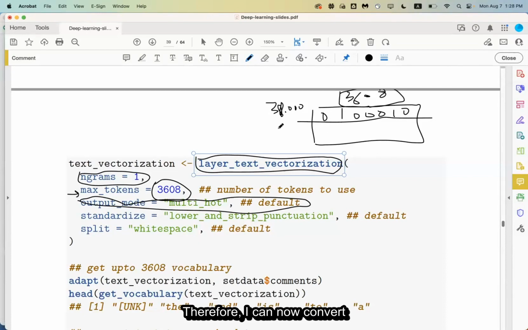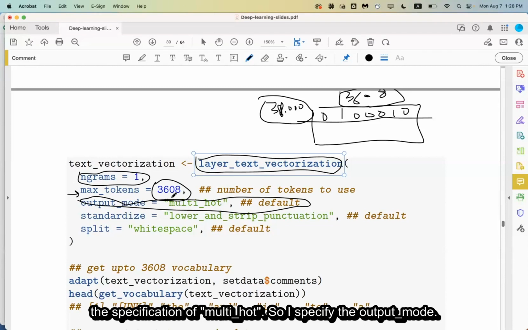Therefore, I can now convert my text comments into a matrix of 0s and 1s. That is the specification of multi-hot, where I specify the output mode.